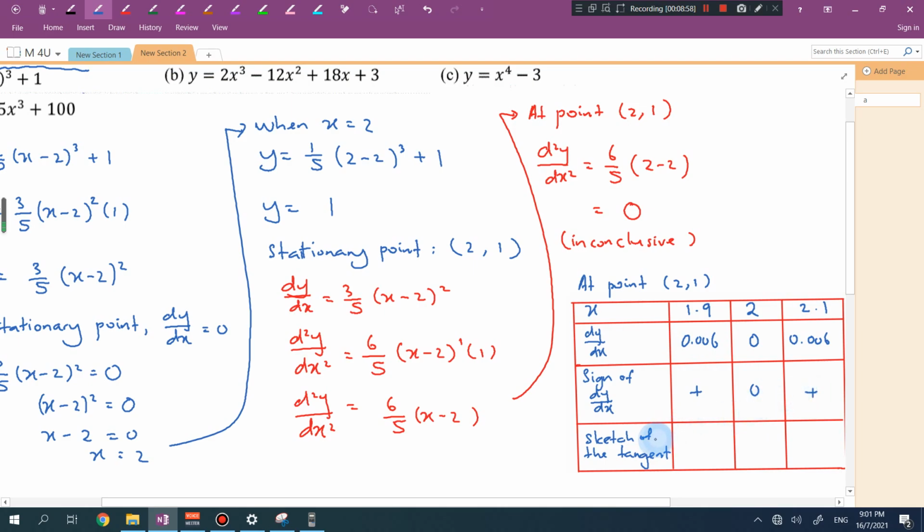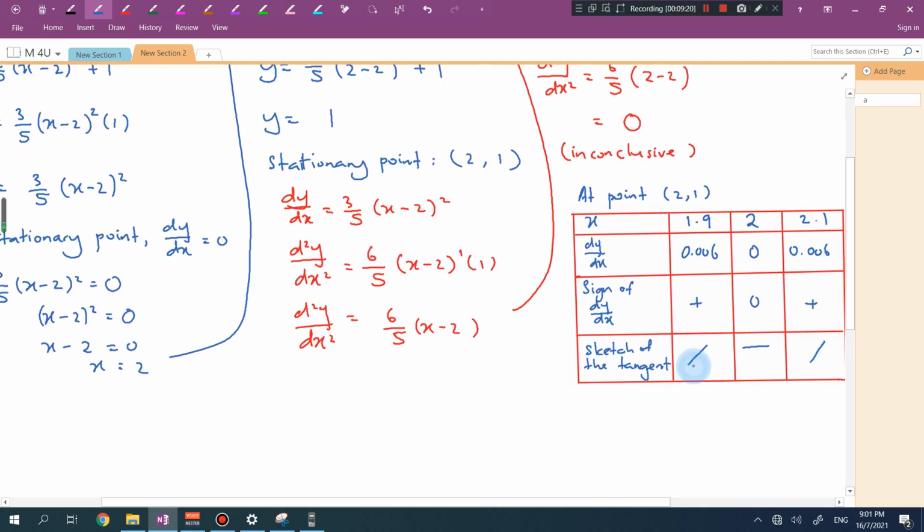Now we want to sketch a tangent. The gradient function dy by dx tells us the gradient of the tangent. So positive means the tangent goes up this way, right? And 0, the tangent will be like this. And then positive, the tangent goes up this way again. So you will notice that these two have the same sign, right?